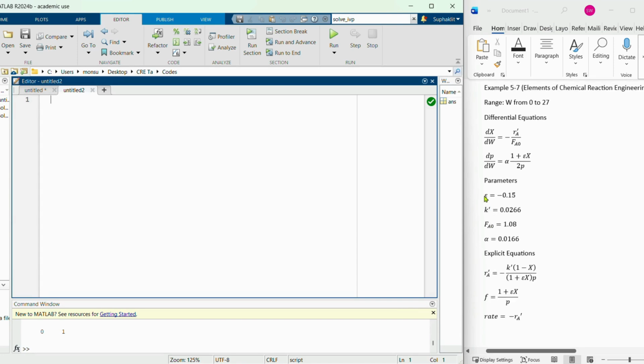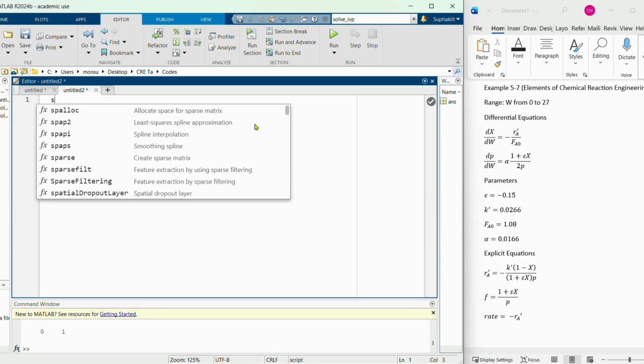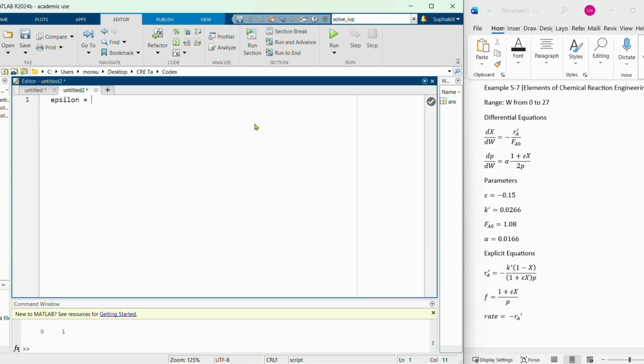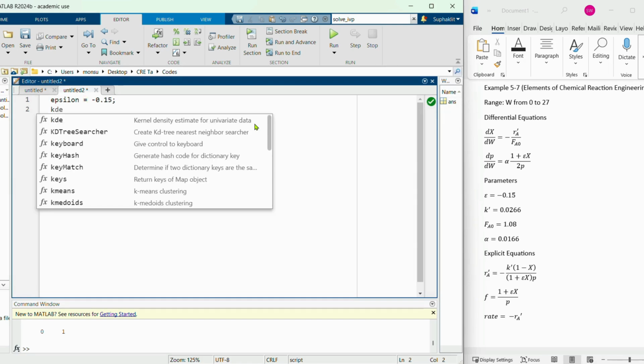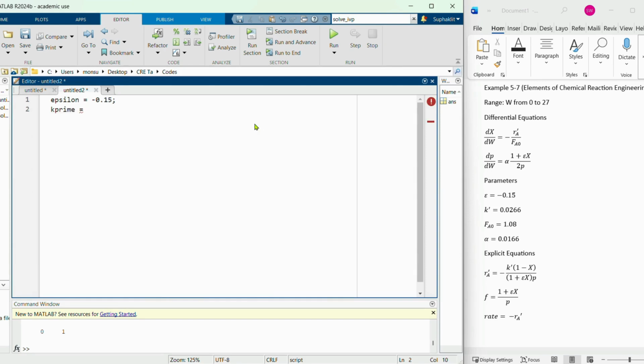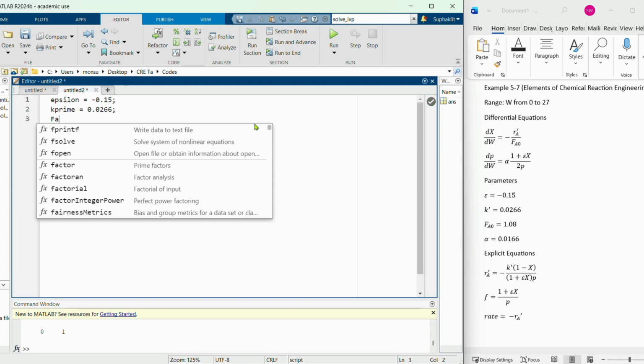So I'm going to start by defining the parameters, which are epsilon, the expansion ratio of the gas, k prime, which is the rate constant for the catalytic reaction, and FA0, which is our feed flow rate.